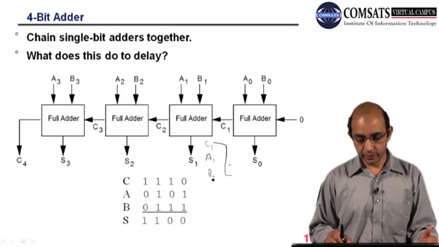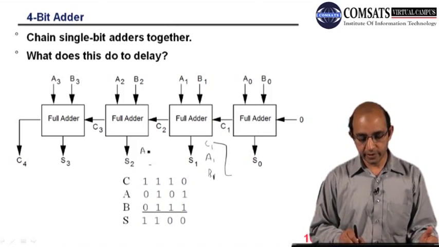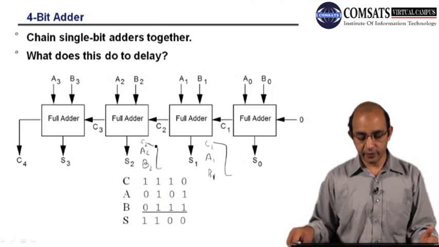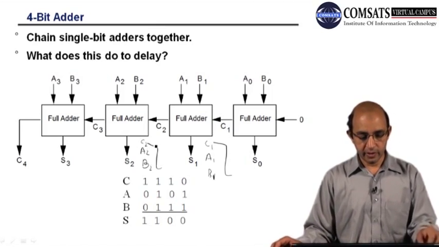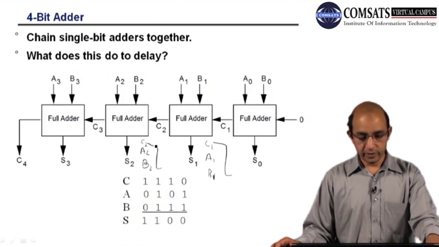Then we move on, and here I have the corresponding bits, B2, and the carry is moved here. So you can see that we have a chain of full adders, and we can add a 4-bit number.